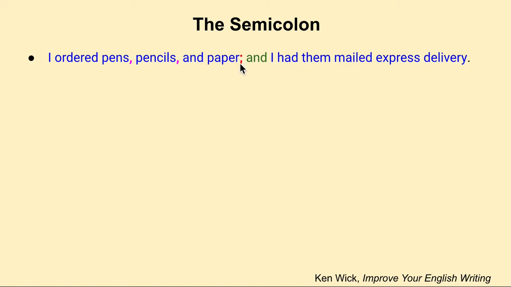If this semicolon was a comma, here you have a series of items, and you want to know, am I continuing this series of items, or am I moving on to an independent clause or something else? So to avoid the misreading, you put a semicolon here.